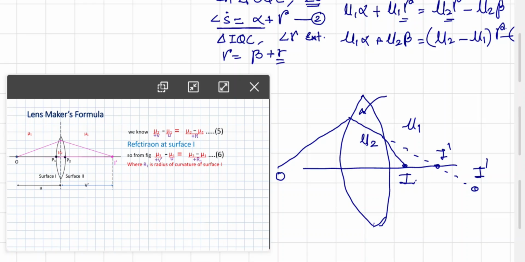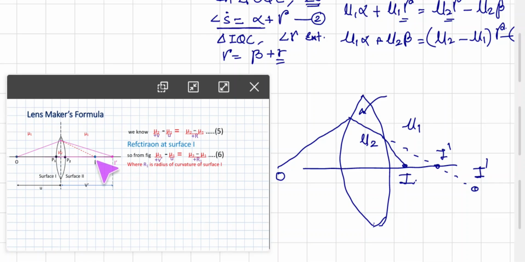Now see, when the second surface is present here, how is the image formed? Look carefully. Again bending of light takes place, and we get the image I at this point. Now for this image, remember that I dash acts as a virtual object.